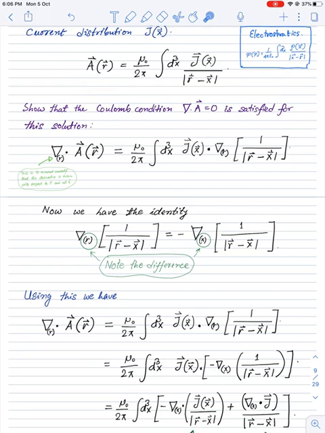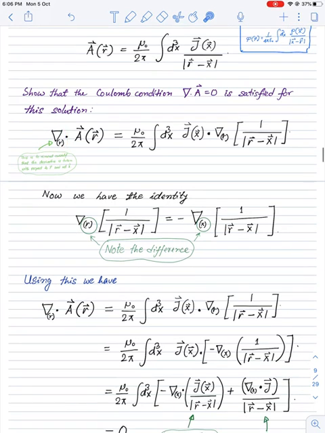And now if we want to find the divergence of this, then we have to take the divergence with respect to r, right? So this is essentially what I have denoted by this subscript r.